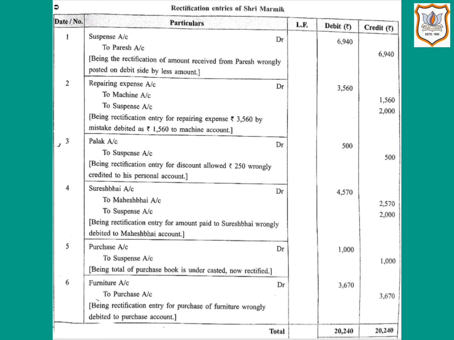So purchase account should receive another debit of rupees 1,000. So here our rectification entry would be purchase account will be debited by rupees 1,000 and suspense account will be credited by rupees 1,000. And in narration we will write being total of purchase book is undercast, now rectified.